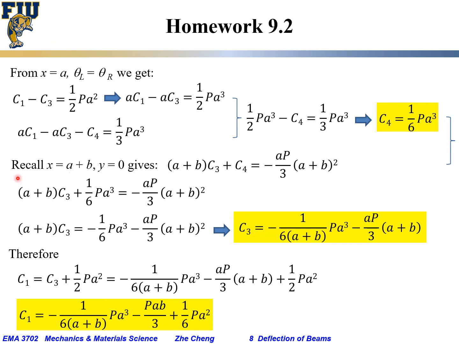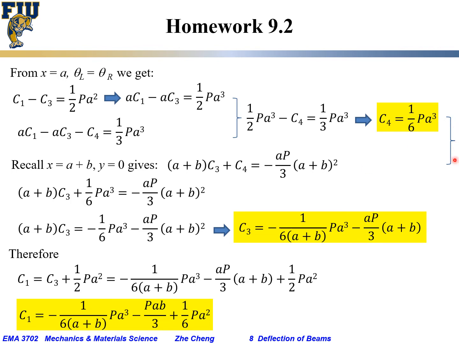Okay, and finally recall that at the E end, when x equals a plus b, the local deflection is also 0, which means (a plus b) C3 plus C4 equals minus AP over 3 (a plus b) squared.